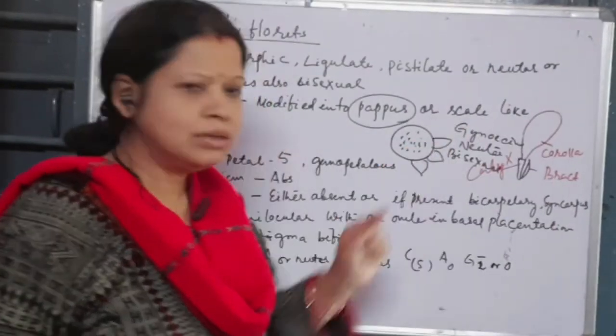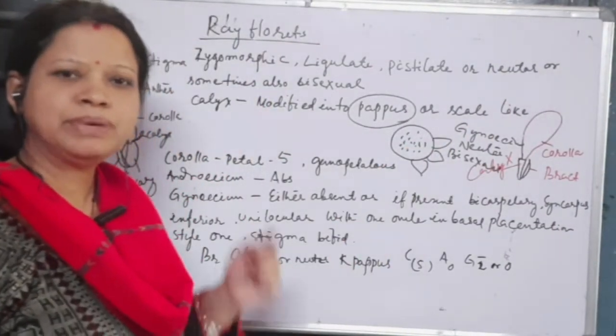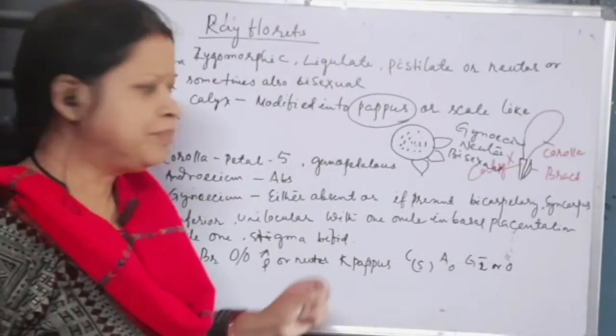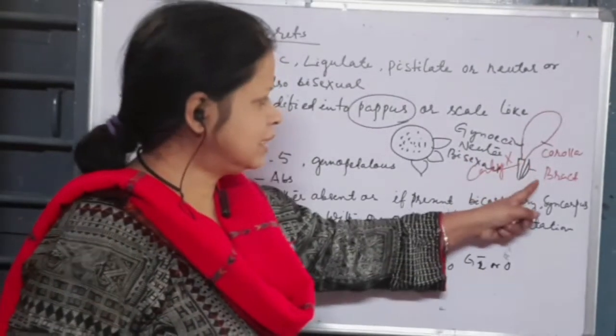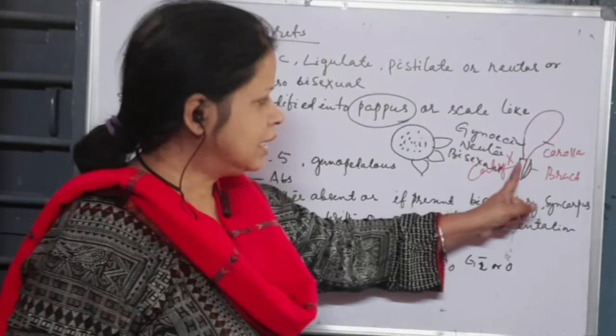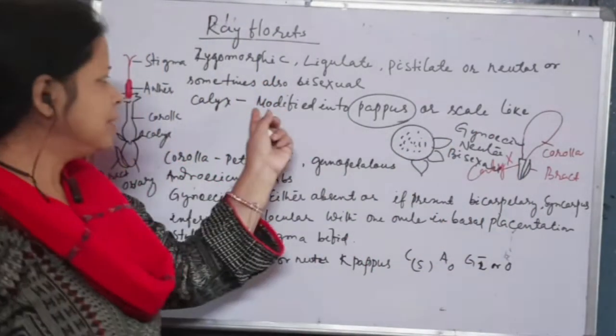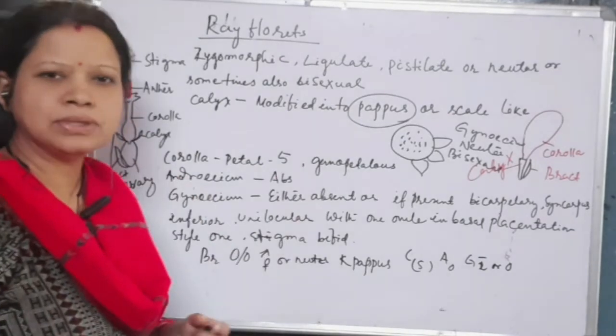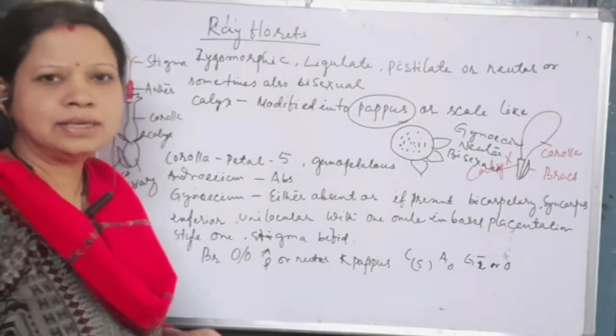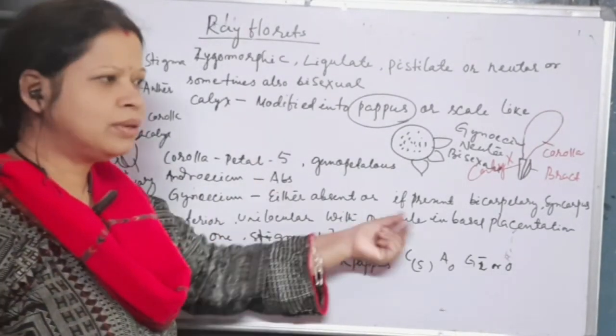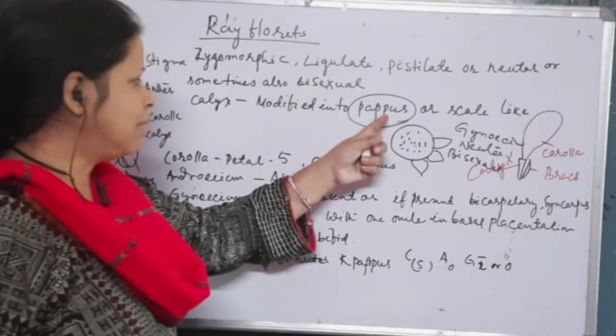A bract is the greenish outgrowth present at the base of the flower. So in the case of the ray floret, it is a bracteate flower. The calyx, which is scale-like, is modified into pappus. In Asteraceae, the calyx is always scale-like, called pappus.